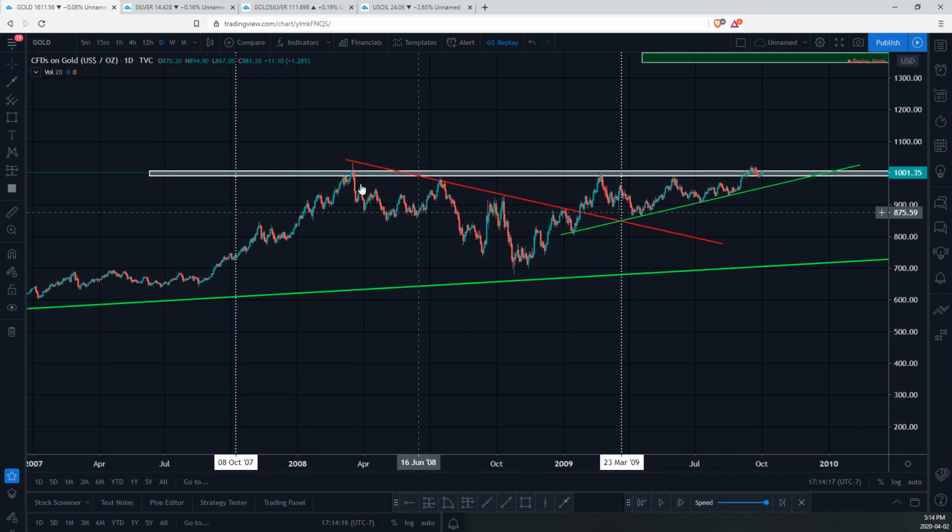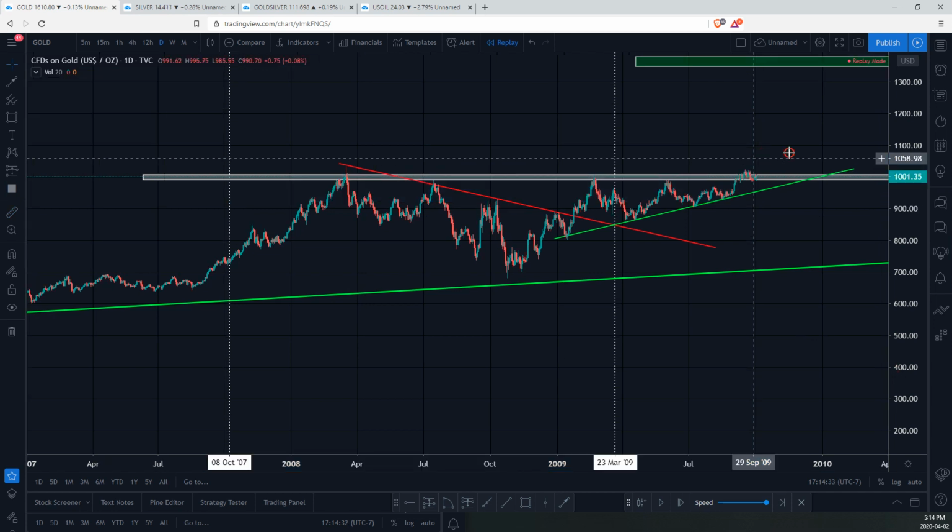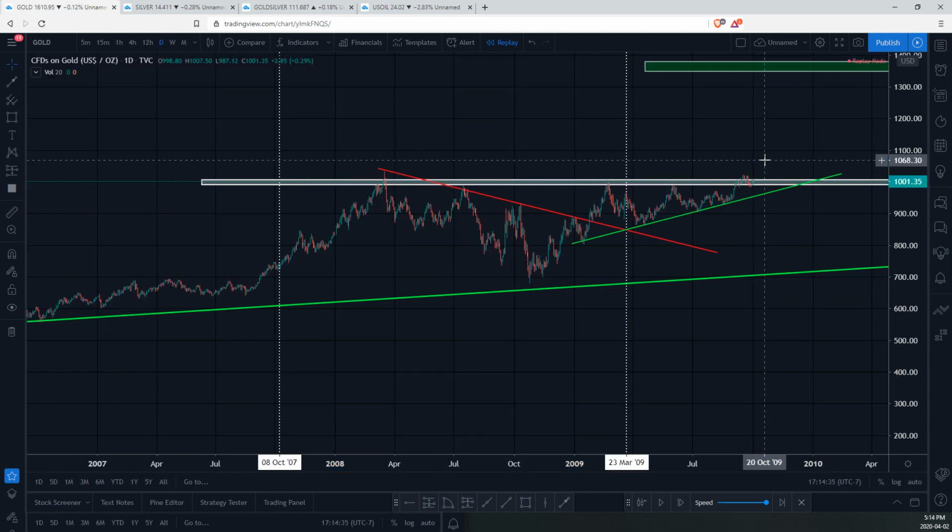So from the start of the major bear market in 2008, it took, let's say, over 500 days before we saw a massive bullish move start on gold.